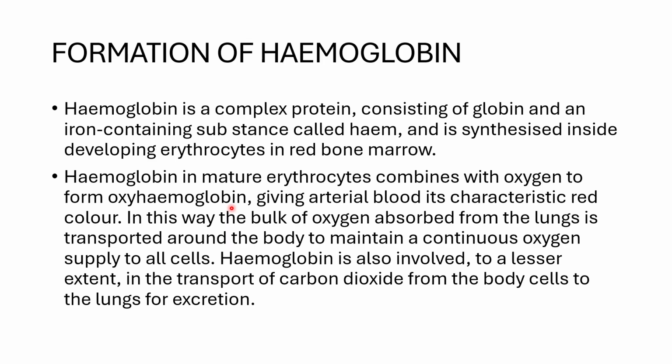So hemoglobin in mature erythrocytes combines with oxygen to form oxyhemoglobin, giving arterial blood its characteristic red color. It is the oxyhemoglobin that gives the arterial blood its red color. When you see blood that is very reddish in nature, you know that it consists of oxyhemoglobin.